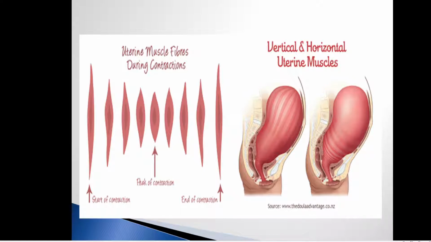On the peak of contraction, length of muscle fiber is less, but thickness increases. And as a result of contraction of longitudinal and oblique muscles of upper parts of the uterus, happen relaxation and distraction, and stretching of the circular muscles which are located in the low segment and cervix of the uterus.